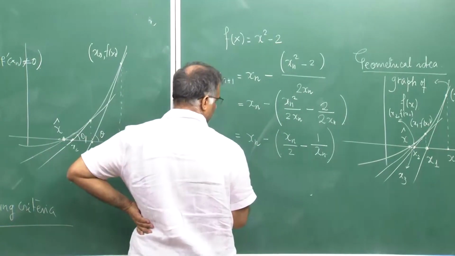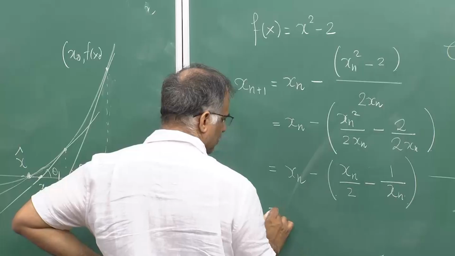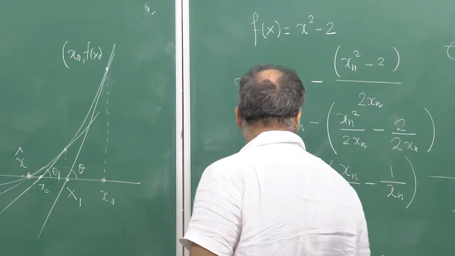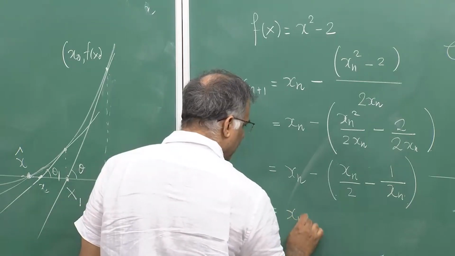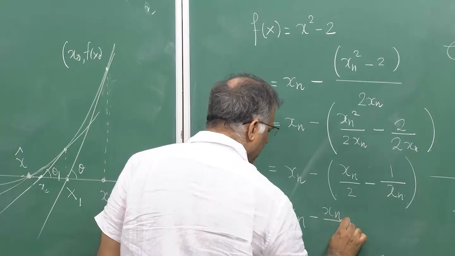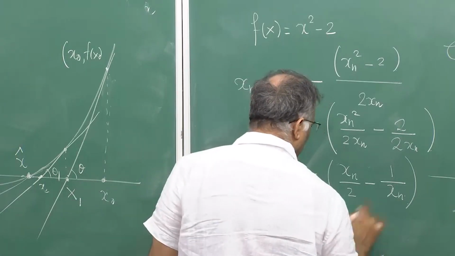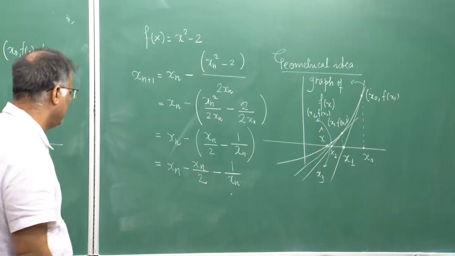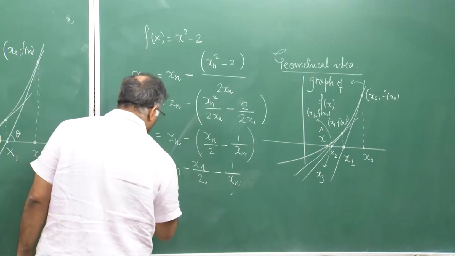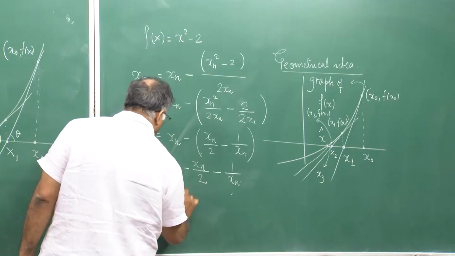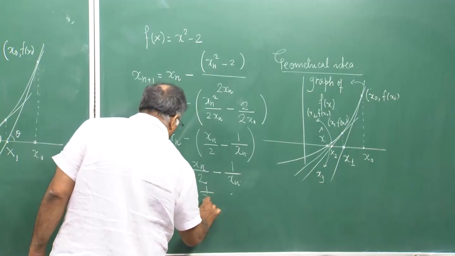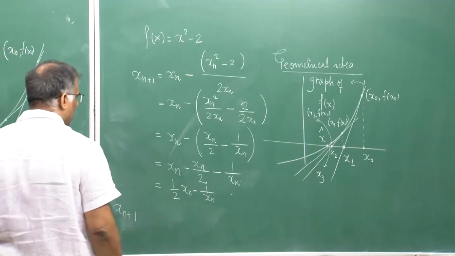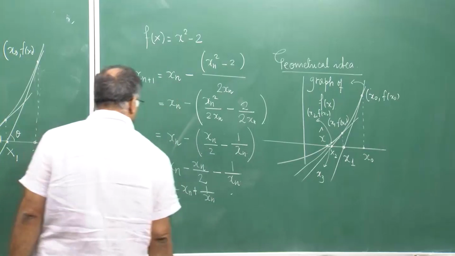If I look at it very carefully, it is xn minus xn by 2 plus 1 by xn; not minus 1 by xn, it will be plus 1 by xn.